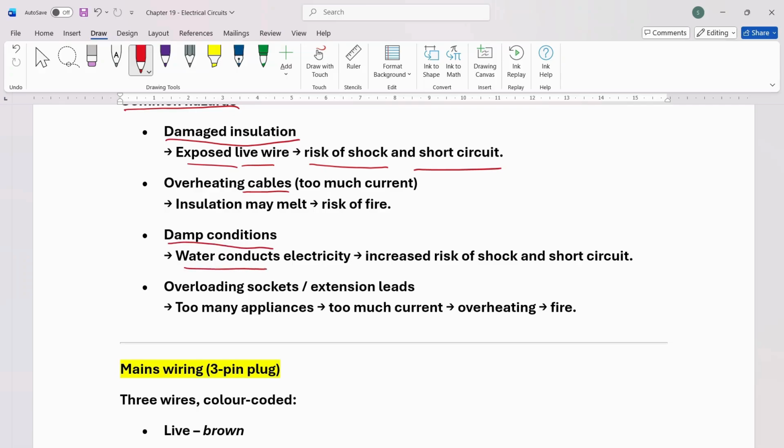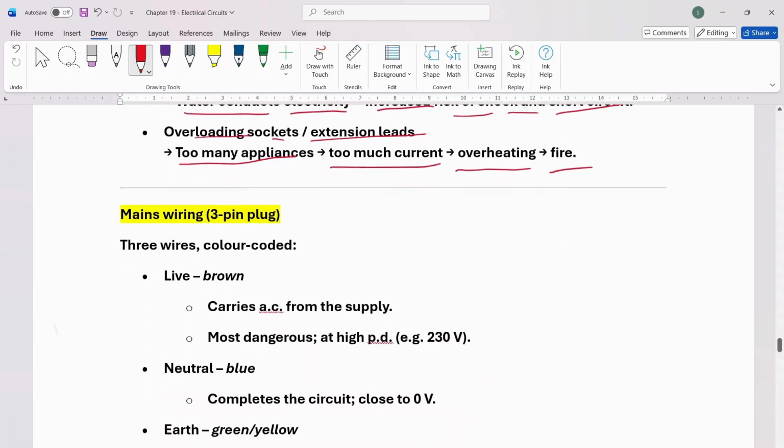Damp conditions: water conducts electricity, increased risk of shock and short circuit. Overloading sockets and extension leads: too many appliances means too much current, which results in overheating and can cause fire.